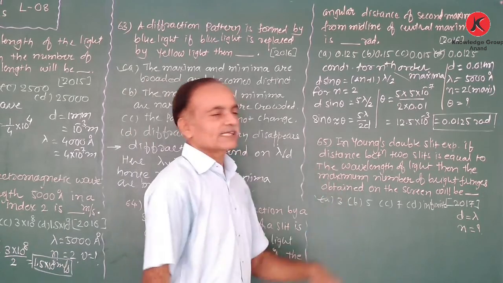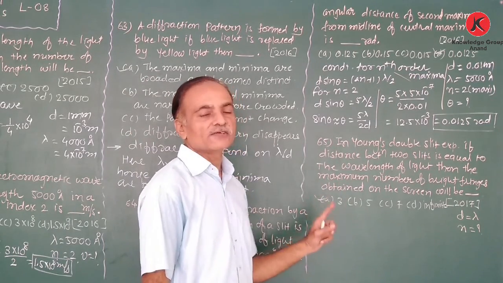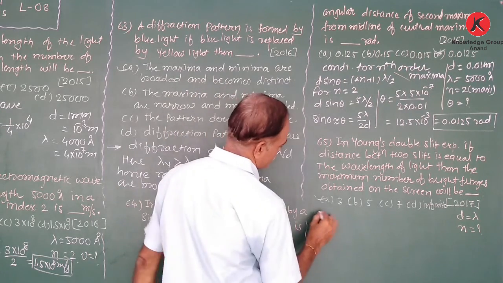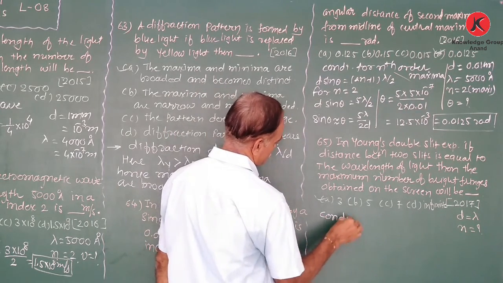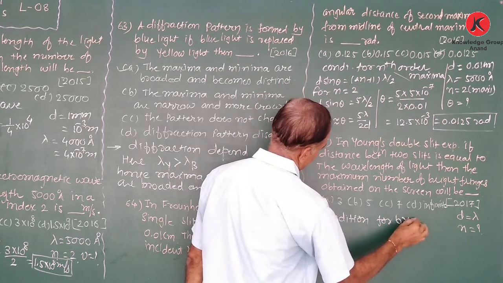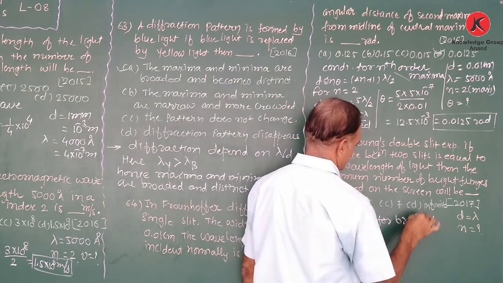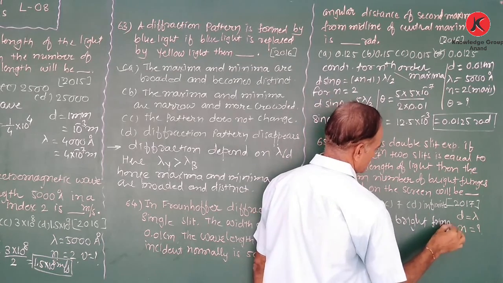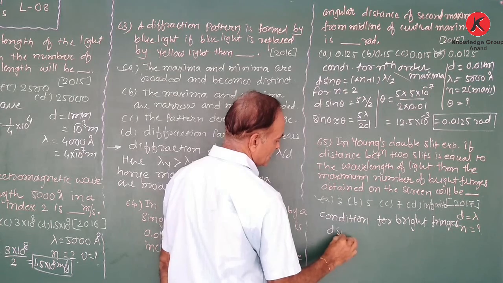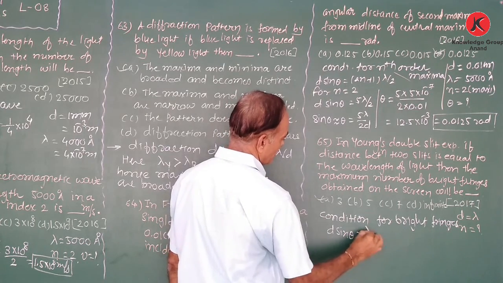So here we require the number of black fringes, therefore we use the condition for black fringes: d sin theta is equal to n lambda.